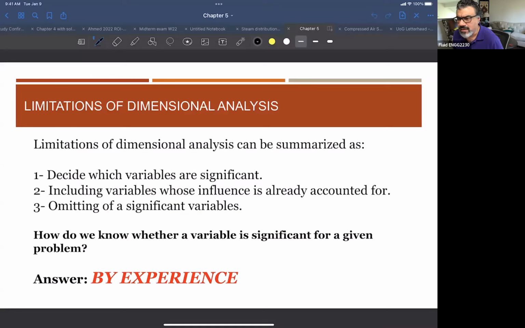So if we go and find out the effect of every single parameter on the other parameters, this might take forever or might take a lot of time and money to do this. So reducing the number of parameters into groups will help in this process.